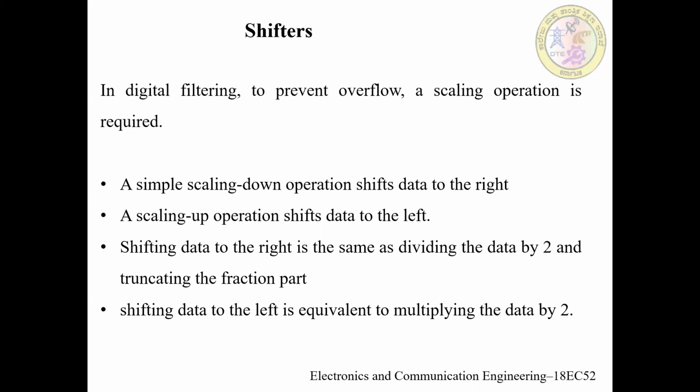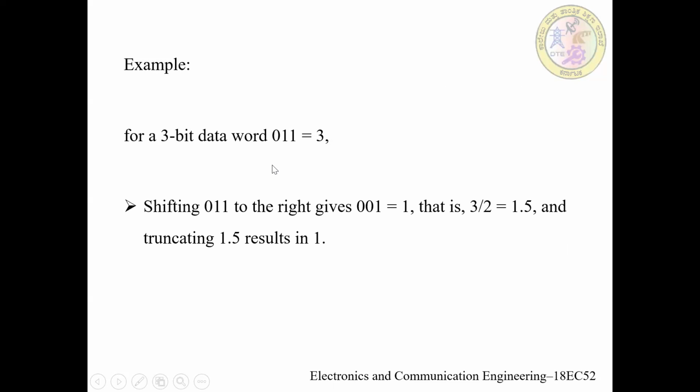If we consider an example, a 3-bit data representing the value 3 in decimal, in binary we can represent it as 0, 1, 1. Now if we want to shift this 0, 1, 1 to the right, what happens?